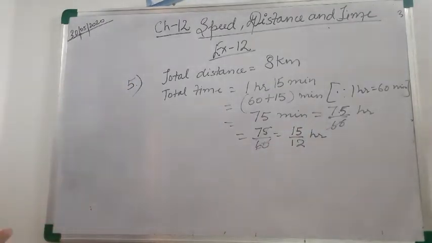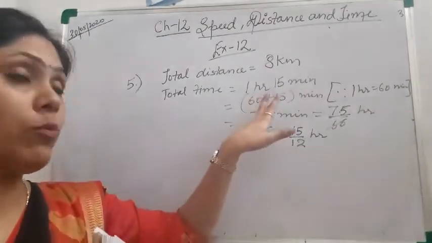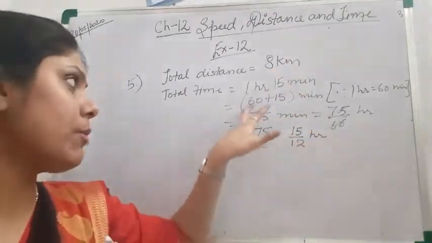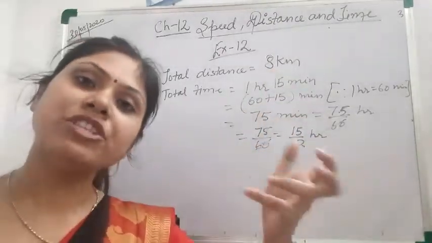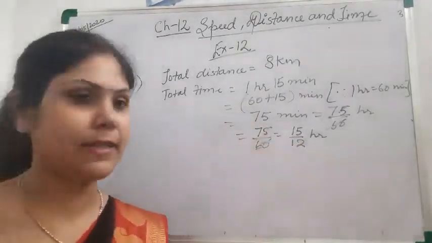Means, see, third question I have done by that method, and you can do by that method also. 1 hour plus 15 upon 60, then you can solve, or by this method. So both are correct. Whichever is easy for you, you apply that method.